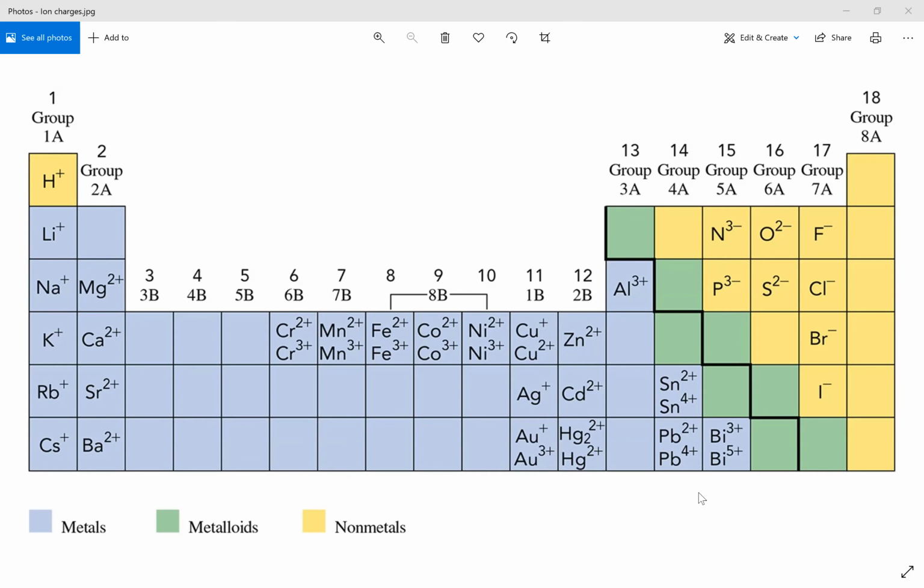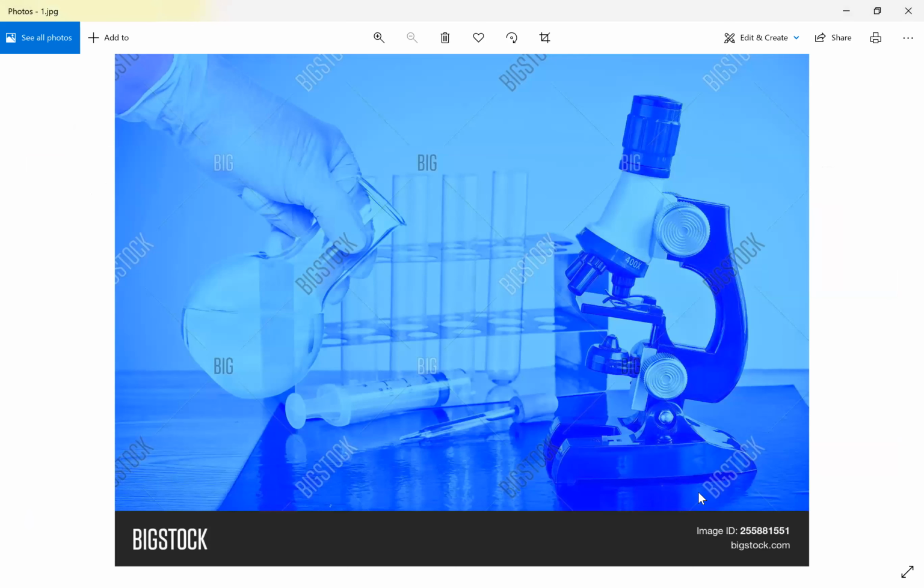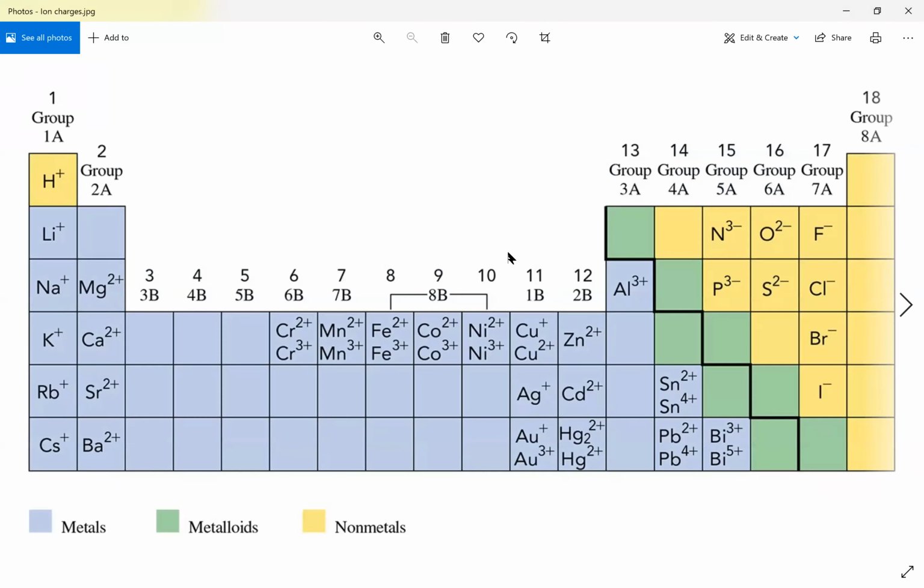If you remember, I said there are two ways to label the group. The first one is just to write down the numerical value 1, 2, 3, 4, 5, 6, 7, and up to 18. I cannot write on the screen, so I'm just going to say there is a numerical value that you see, 1, 2, 3, up to 18.